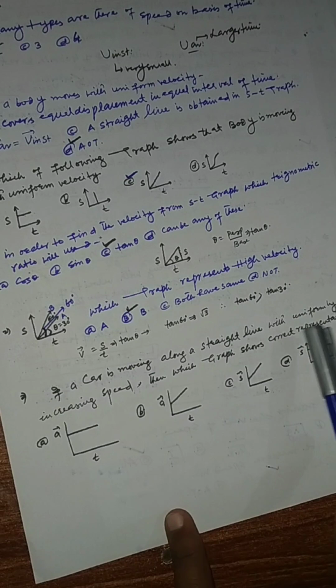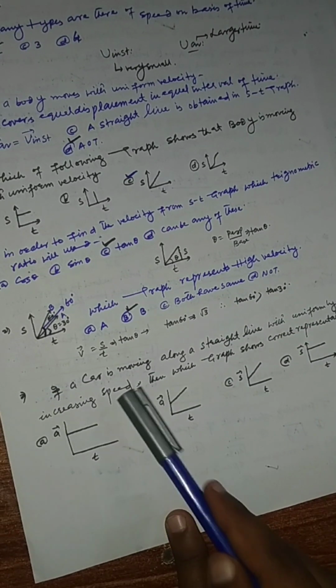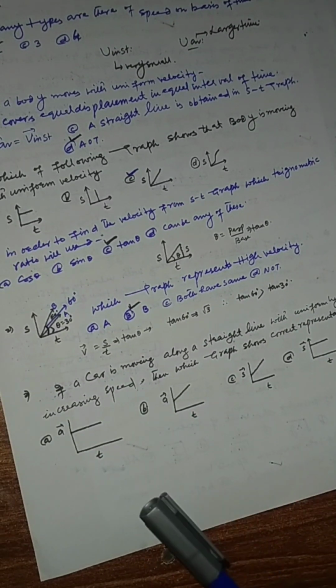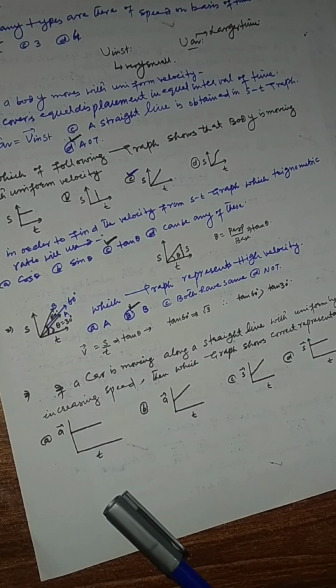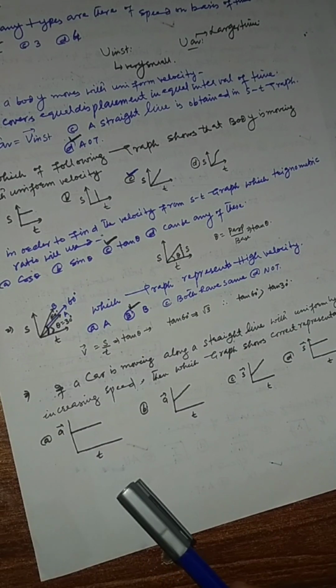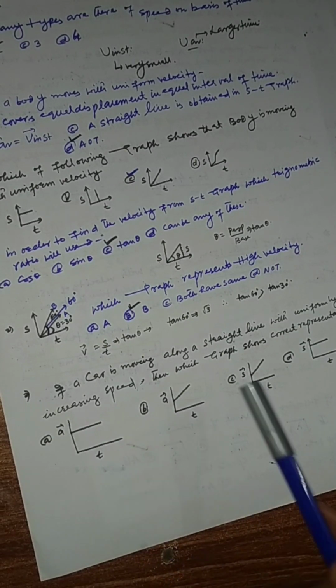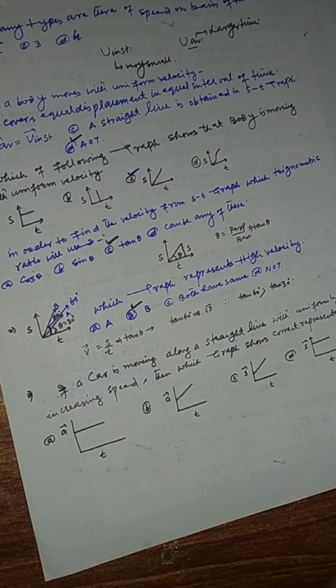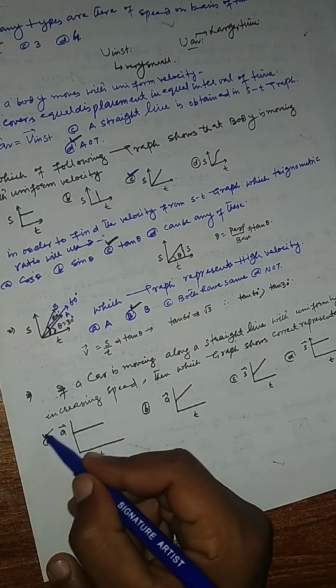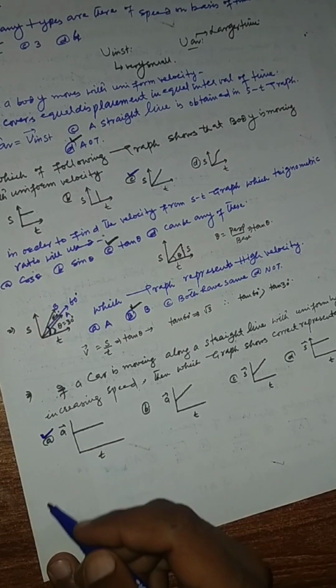If a body is moving with uniformly increasing speed, then acceleration must remain constant. Because if speed increases uniformly, what will the acceleration be? Constant. So the correct representation will be constant.